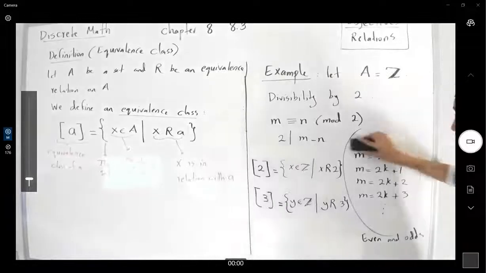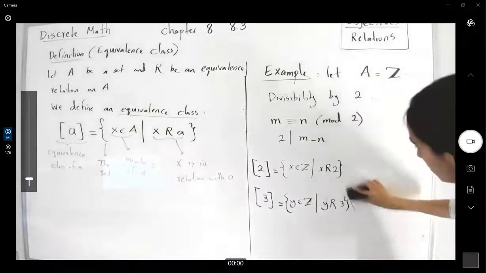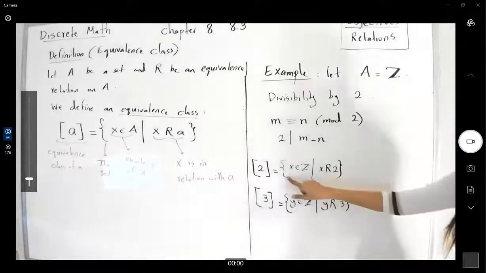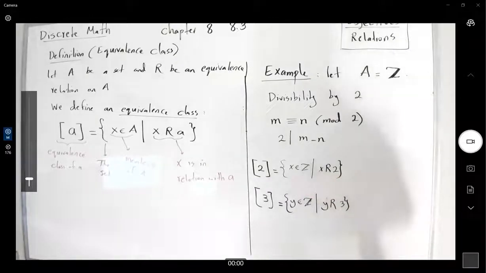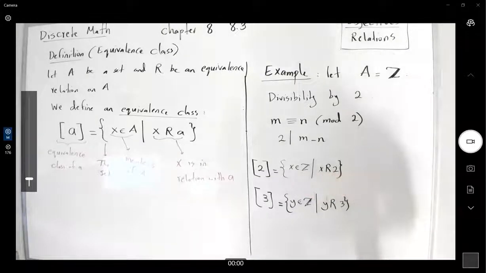What's the meaning of that? It says, well, x belongs to Z such that x is in relation with 2.